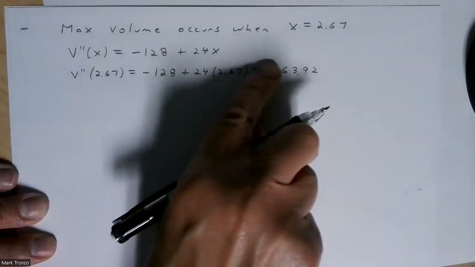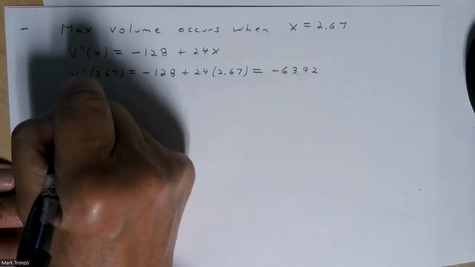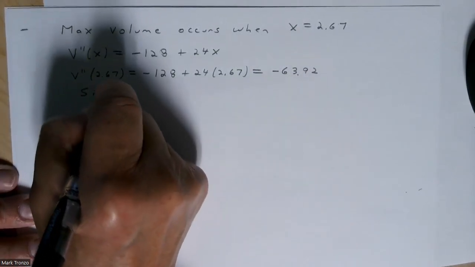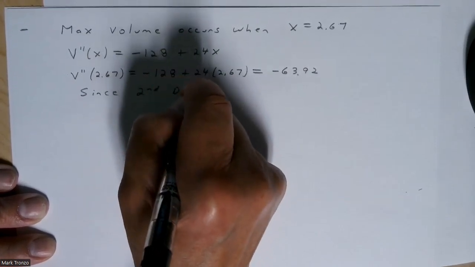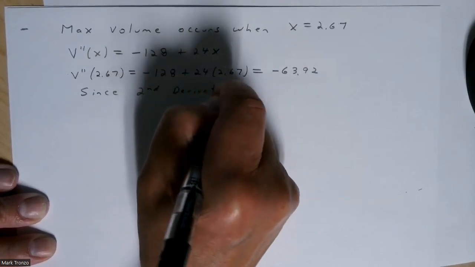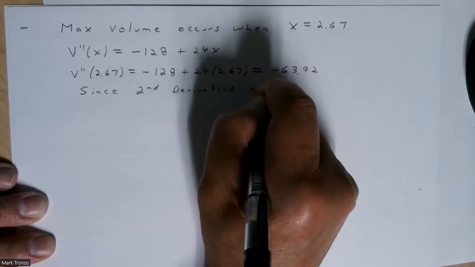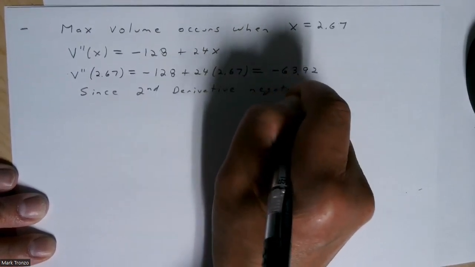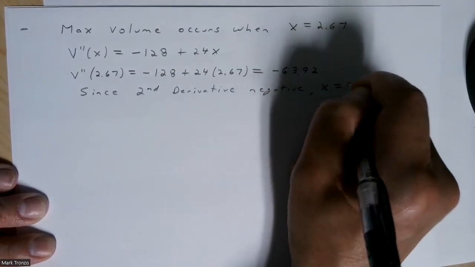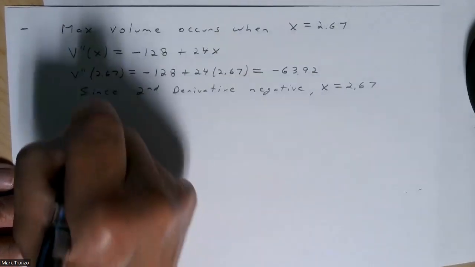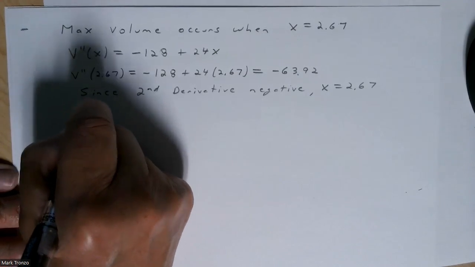So that means, remember, since the second derivative is negative, that means x equal 2.67 produces a max.